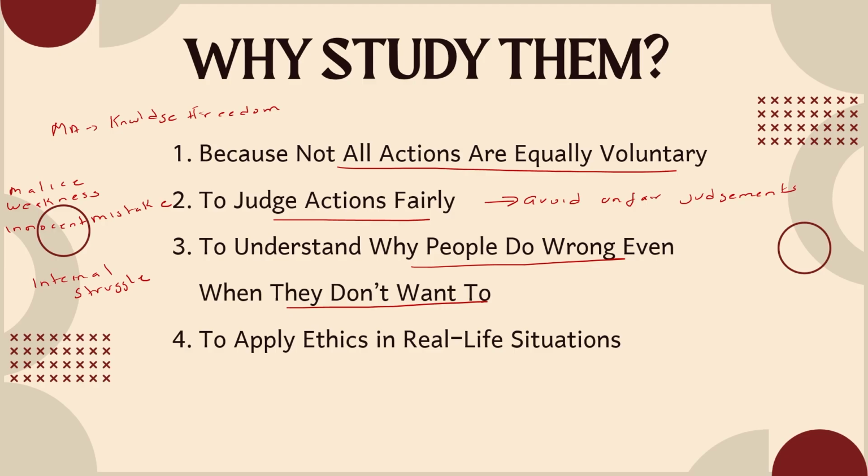For example, a person with a bad habit, such as anger, may genuinely try to stop, but the habit still acts. Understanding this helps us treat such persons with compassion while still expecting responsibility. If a person is genuinely trying to avoid something but it still happens out of habit, we will not treat them the same way as somebody who does it on purpose.